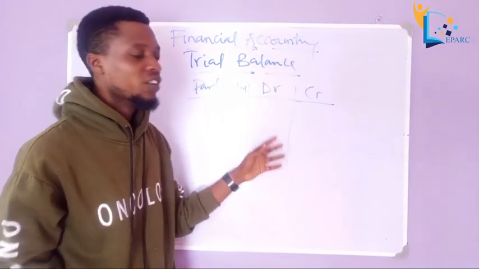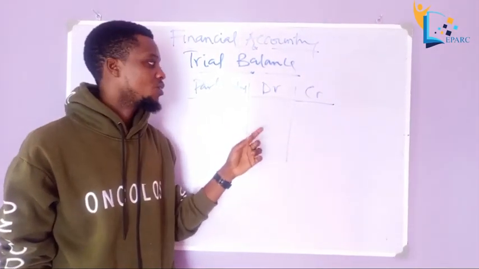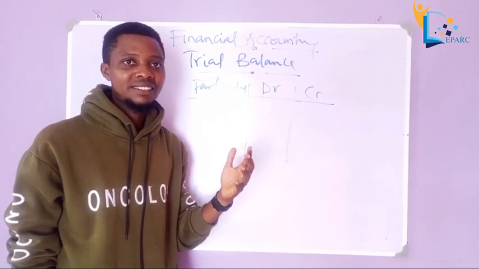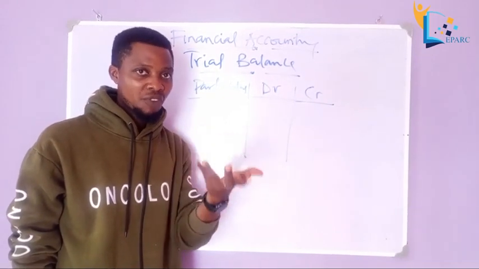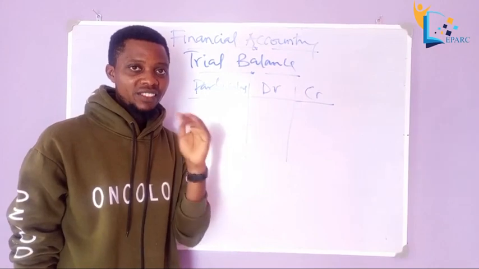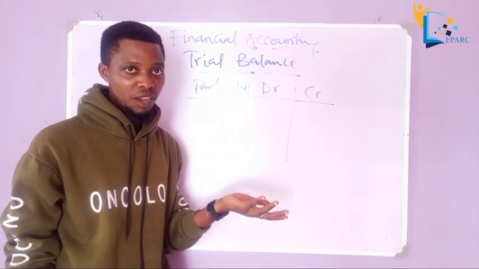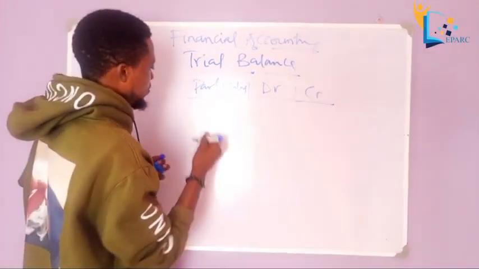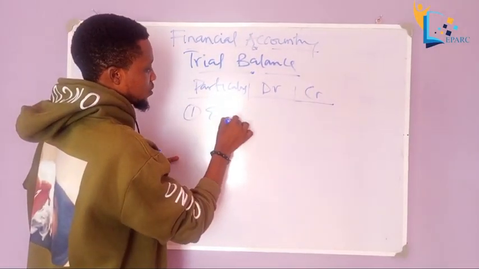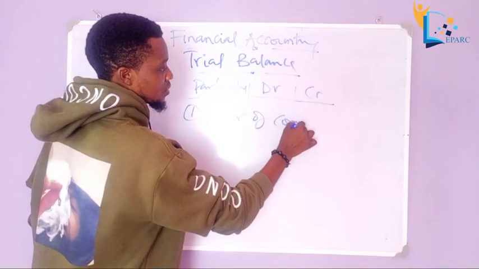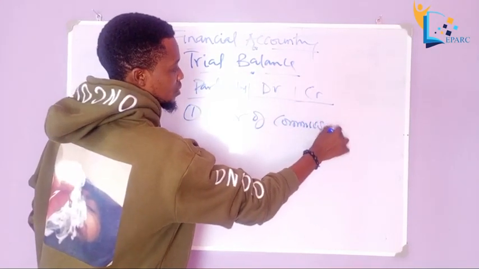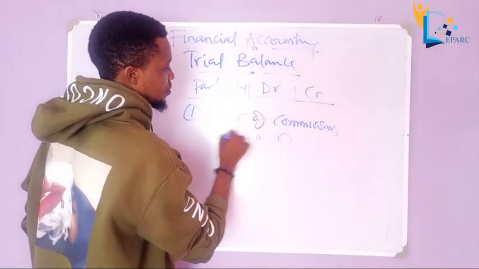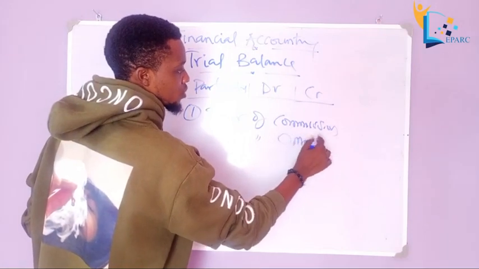These are errors that cannot affect the trial balance. Let's have a few of them. Number one, we have error of commission, and error of omission.